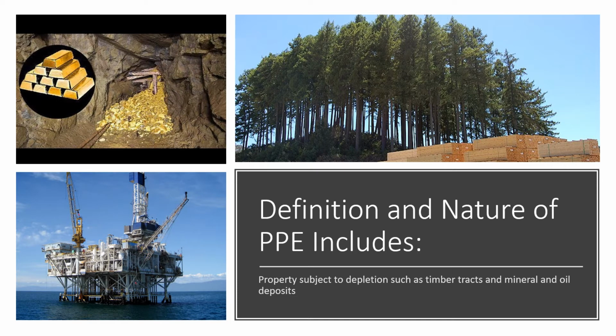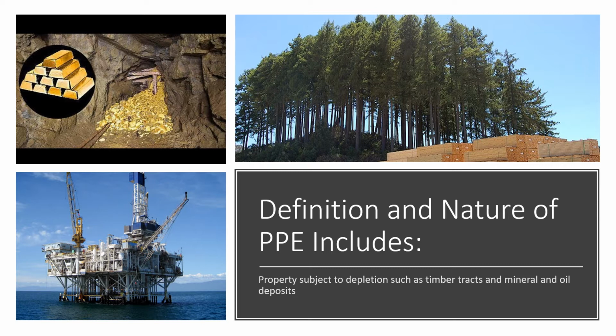Another asset to be included in the definition and nature of PPE includes property subject to depletion. So usually, assets that are subject to depletion are assets with decreasing value because they are subject to mining. So what are examples of these assets?